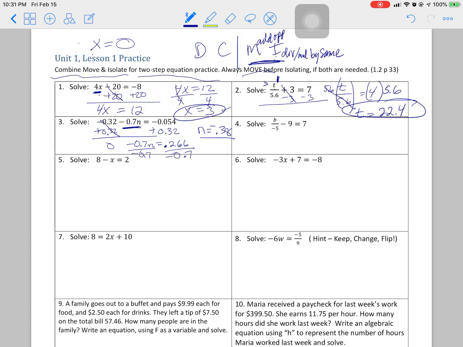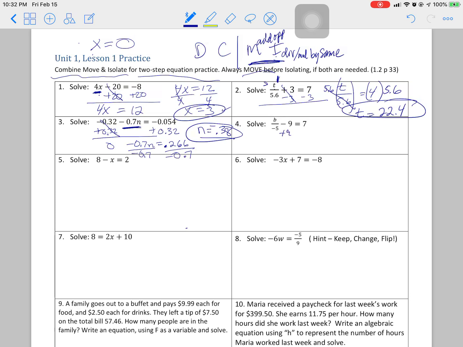I'm going to put it in my calculator. Negative 0.7 times negative 0.38 equals 0.266 minus 0.32. And that gives me negative 0.054. So we're good. Okay.